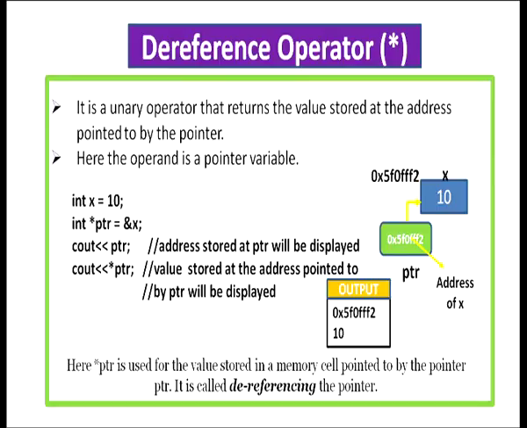So, the value present at the address stored in ptr is 10, and in this case 10 will be displayed. Here *ptr is used for the value stored in the memory cell pointed to by the pointer ptr, and it is called dereferencing the pointer.